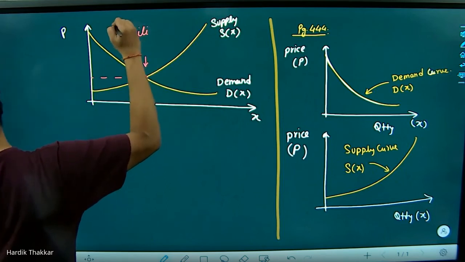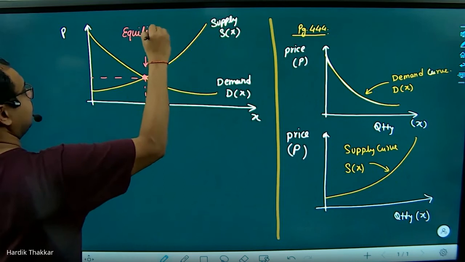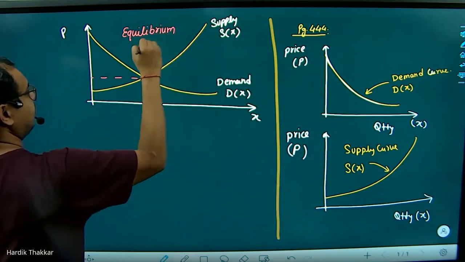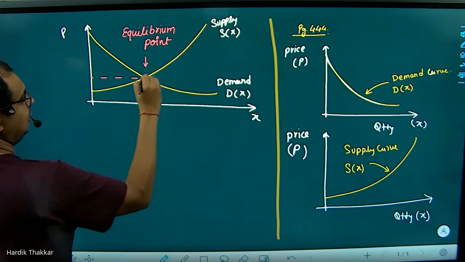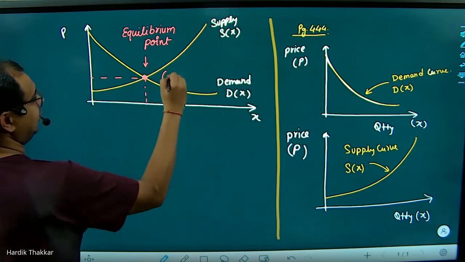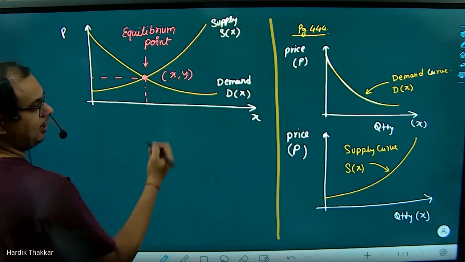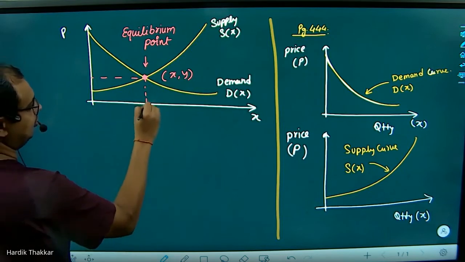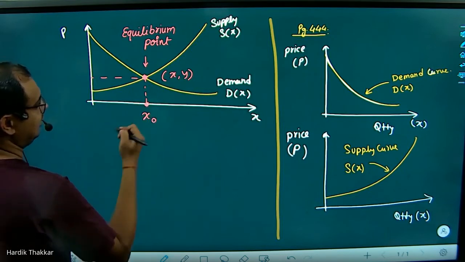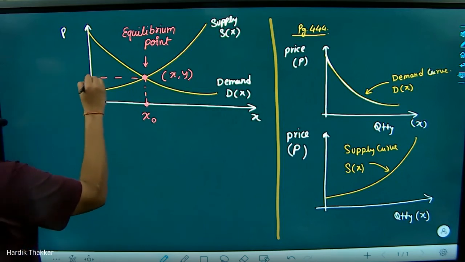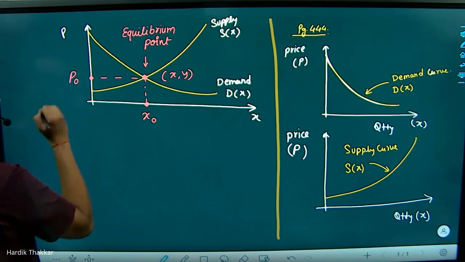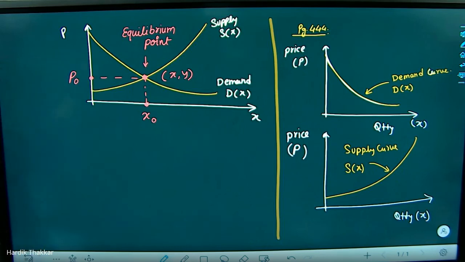Now this point consists of two coordinates, x coordinate and y coordinate. This x coordinate will be represented by x naught, and the y coordinate of this point will be represented by p naught.